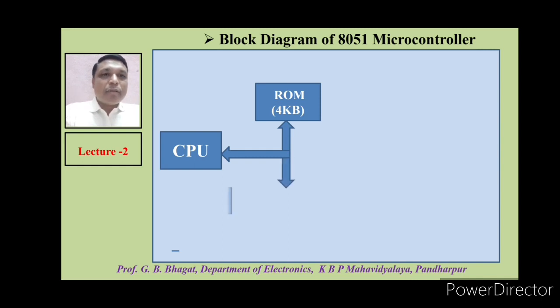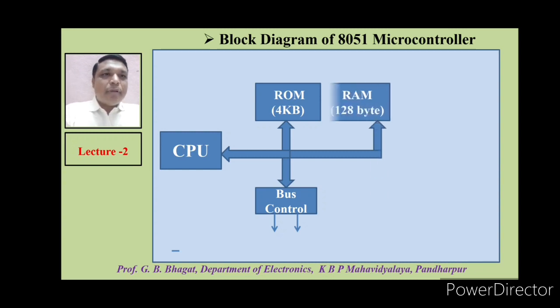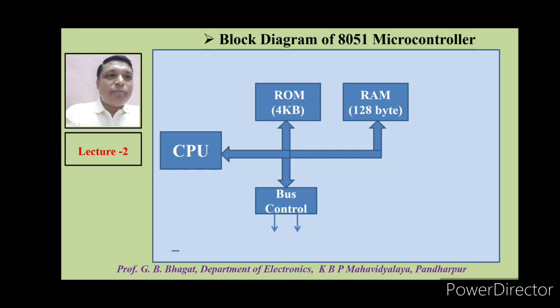Then another block is the bus control block. The function of this bus control block is to control the functions of various buses, that is address bus, data bus, then control bus. The next block is RAM. 8051 microcontroller has 128 bytes of RAM.